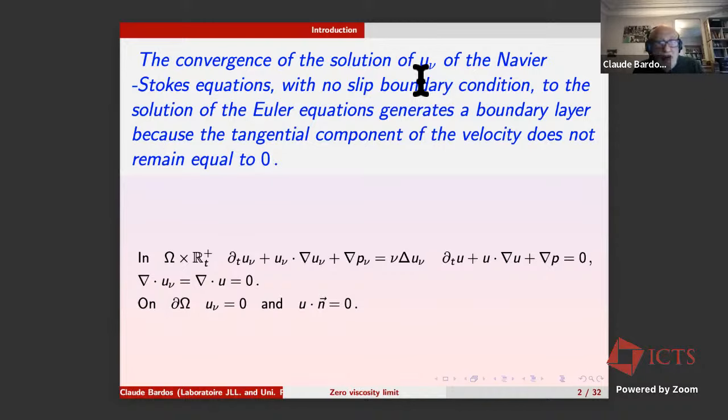And as you know, if there is a no-slip boundary condition, if you go to the Euler equation, only the normal component will remain zero. The tangential component will go from zero to a non-zero value, and this will generate a boundary layer, as I said here on the slide. That's well known.